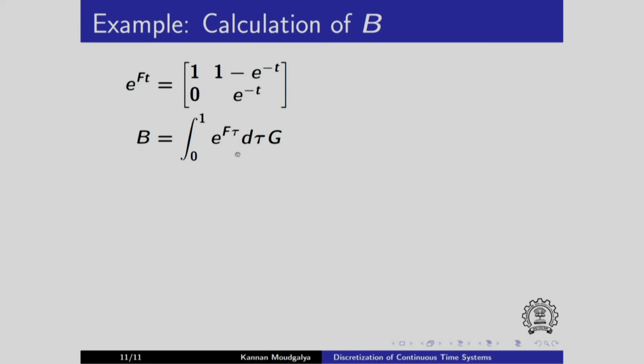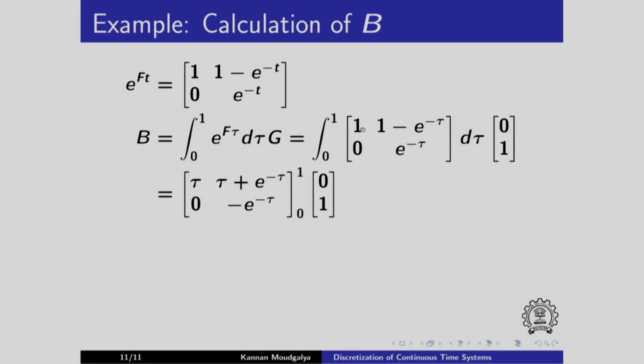Recall the expression for B. It is integral 0 to Ts. In the place of Ts we have put 1, and then we need to substitute for f and g. So this is exponential f tau d tau into g. G is 0, 1. Let us first integrate this.